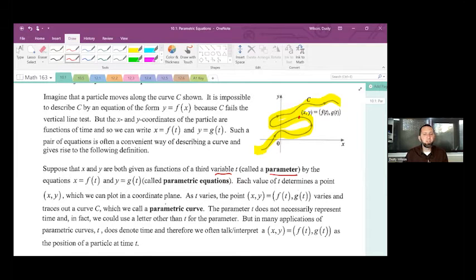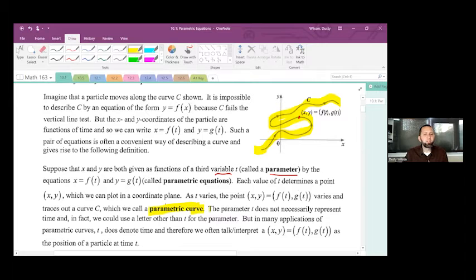Each value of t determines a point x, y, which we can plot in a coordinate plane. As t varies, the point x, y, which is f of t, g of t, varies and traces out the curve C, which we call the parametric curve. Here, your parametric curve is the curve shown.